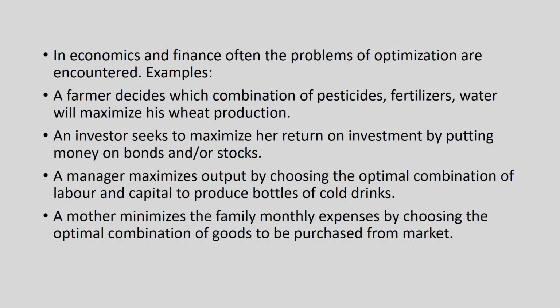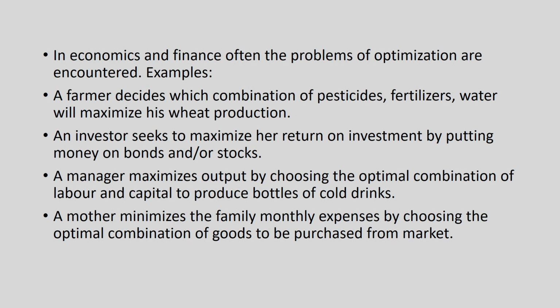A mother knows that she has to run a household and she has to buy a certain minimum amount of goods, so as not to hamper the calorie intake or the nutrient intake of the family members. At the same time, she wants to reduce the monthly expenses as much as possible. So, how does she do that? So, this is another example of optimization.